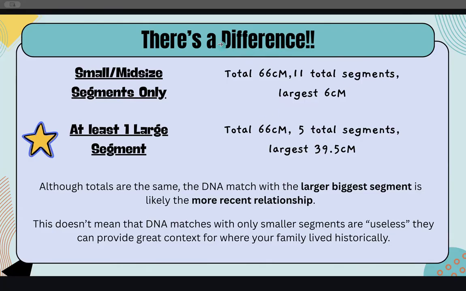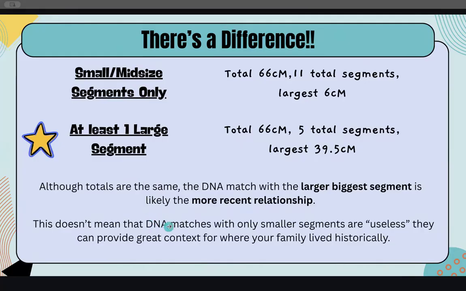So, if in this case there's 11 total segments and the largest is 6, that is likely a little bit older than, say, somebody who shares 66 total over 5 segments, and the largest is 39.5. This 39.5 being the anchor.